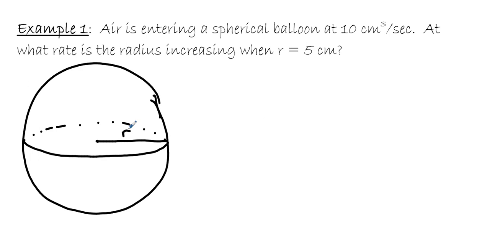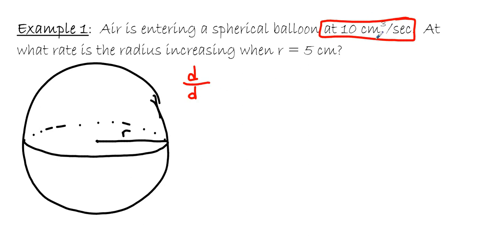Step 2, we're supposed to identify what information we are given. So step 2 says air is blowing into the balloon at 10 cubic centimeters per second. Well, that's a rate. Rates are derivatives. What is changing with respect to what?